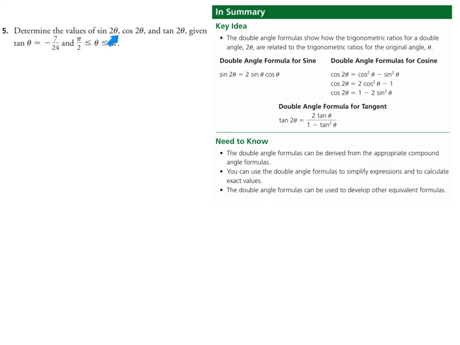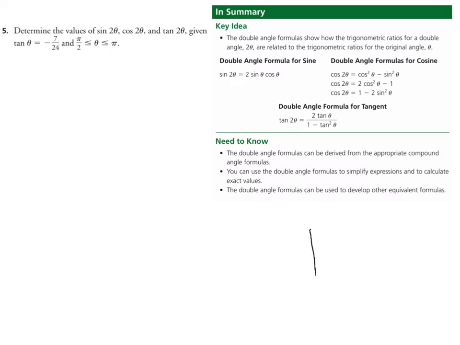Determine the values of sine 2 theta, cos 2 theta, and tan 2 theta, given tan theta is negative 7 over 24. Wait a minute, isn't that what we just had? Oh no, we had negative 24 over 7. Okay, so it's going to be a similar angle.